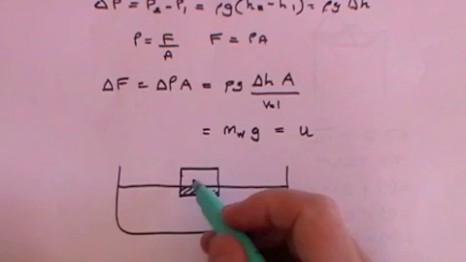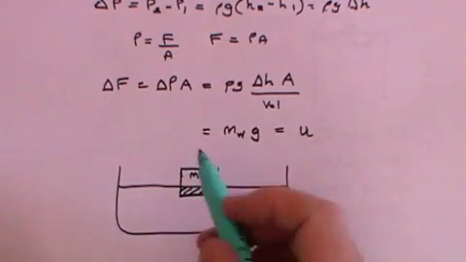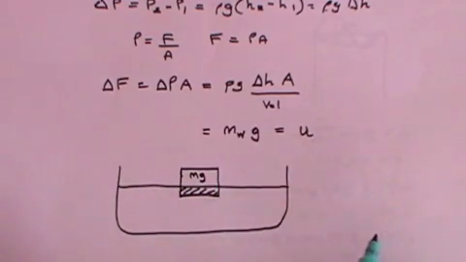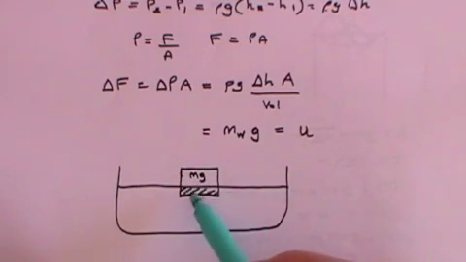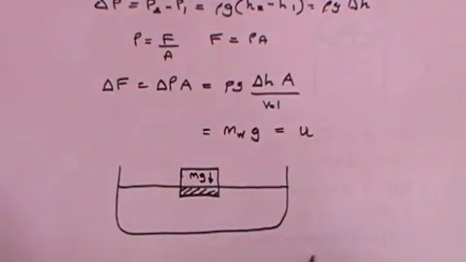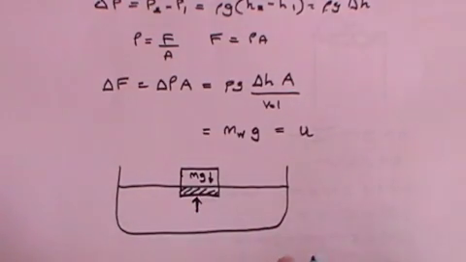The total mass of the object, let's say, is mass m, and therefore the force acting downwards, or the weight of the object, is mg. The total mass of the whole object multiplied by g is the force acting downwards. But there's also an upthrust which is equal to the weight of fluid displaced.